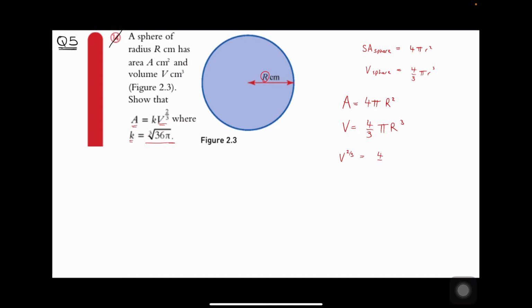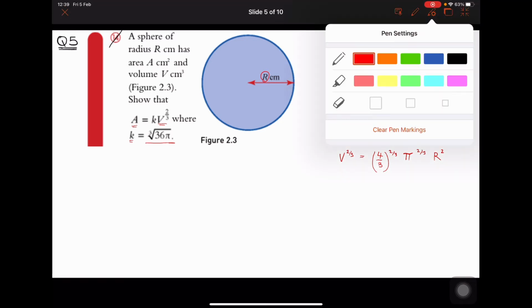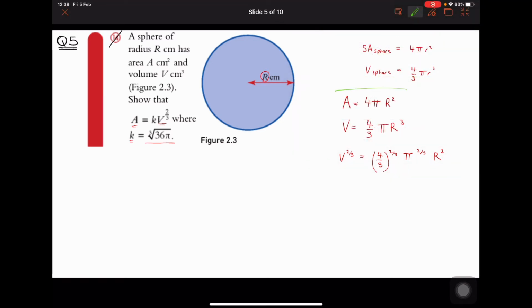So that'll be 4 over 3 to the power of 2 over 3, pi to the power of 2 over 3, and the cube root of r cubed squared would give you r squared. So that's nice. Now I'm going to use these two to work out K.